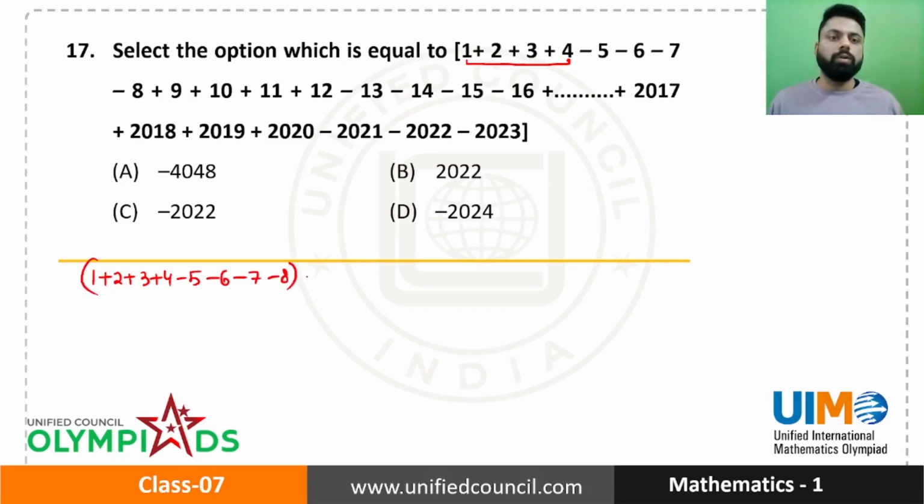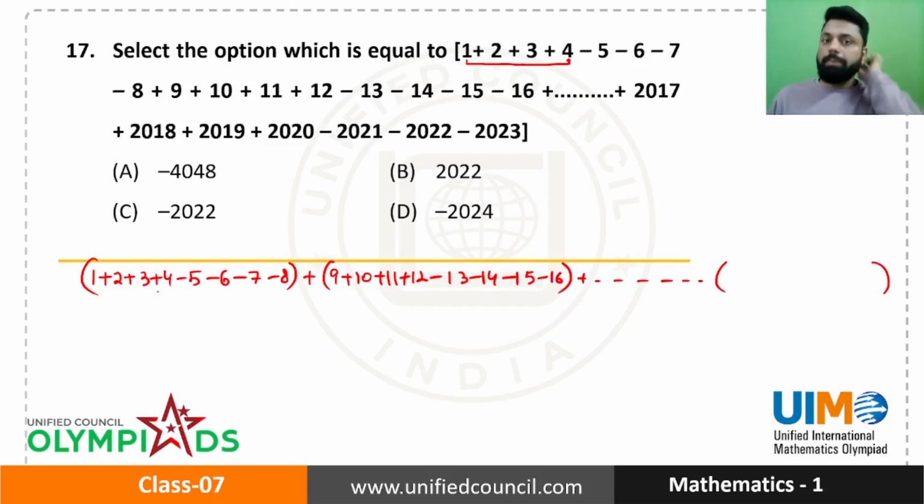If we take this as one group, plus 9 plus 10 plus 11 plus 12 minus 13 minus 14 minus 15 minus 16, and similarly if we take the last group, then see, 1 plus 2 plus 3 plus 4 is 10, minus 5 minus 6 minus 7 minus 8 is minus 26, plus.